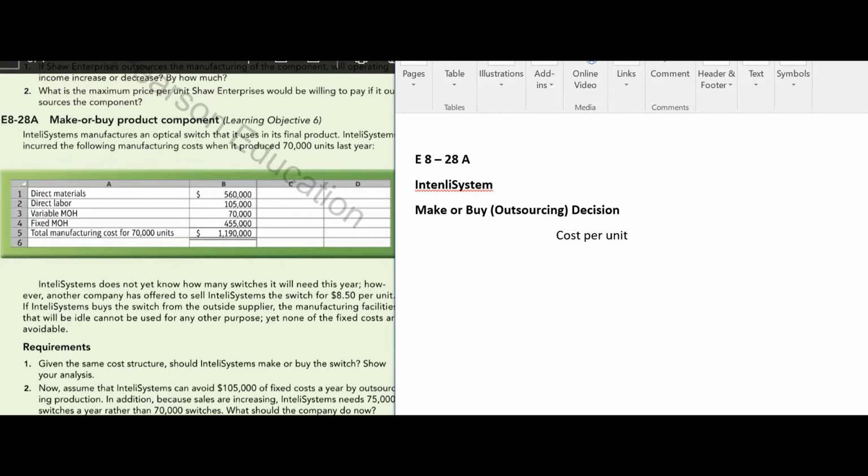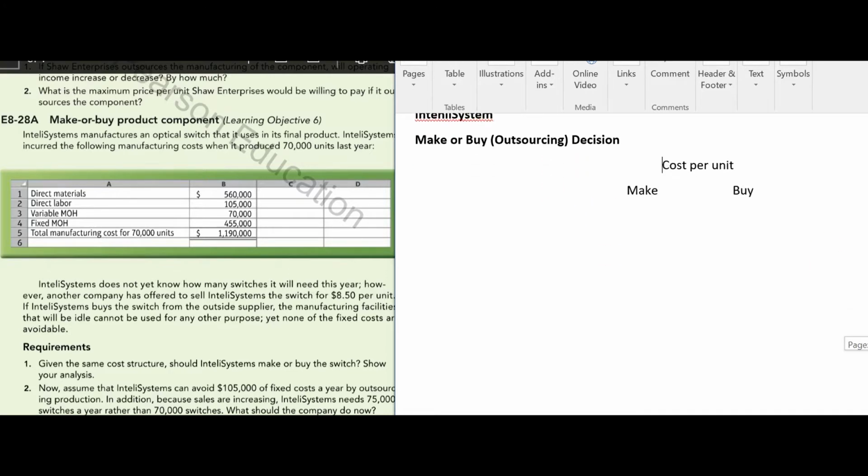So let's try to analyze the cost structure and find out the cost per unit. What if the company actually buys? What would be the cost? And we will do it for both scenarios, make and buy, and both are cost per unit. So let's look at the costs. Direct material cost: you see the cost is given here, 560,000.